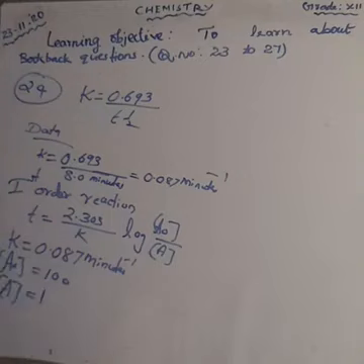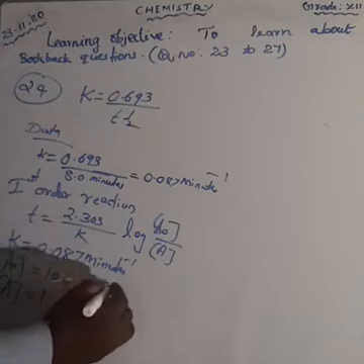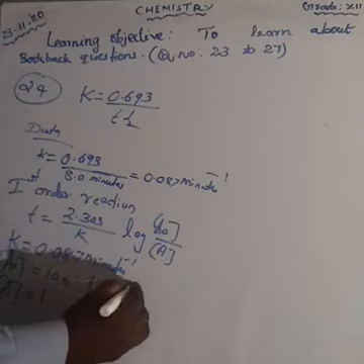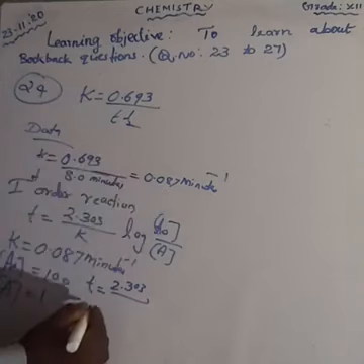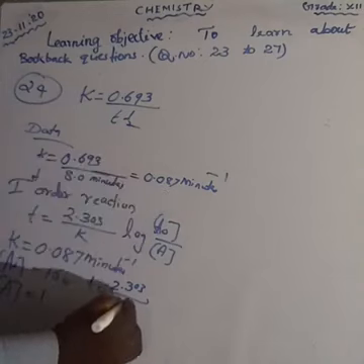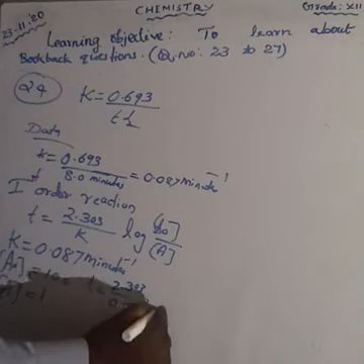Now we are going to substitute, as per this formula. We are going to calculate time T, not K. So T is equal to 2.303 by K, and the K value is 0.087 minutes inverse.